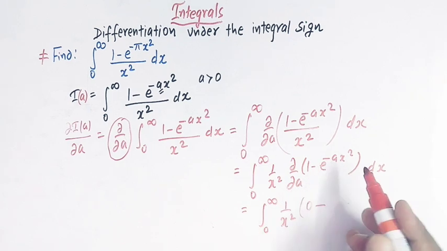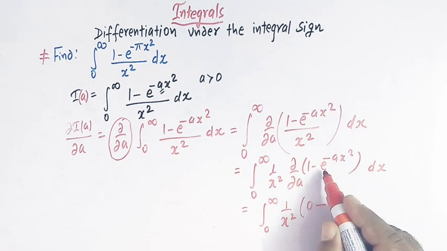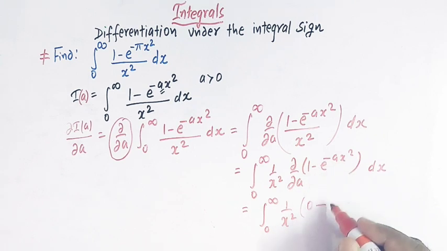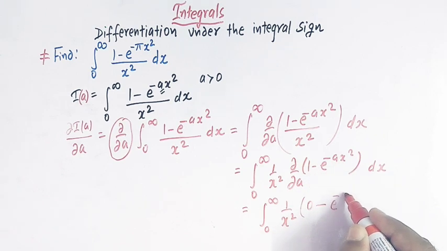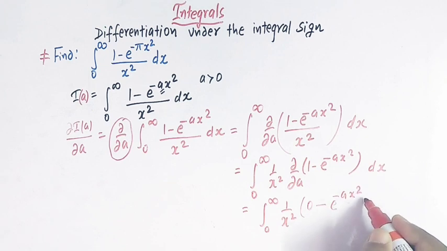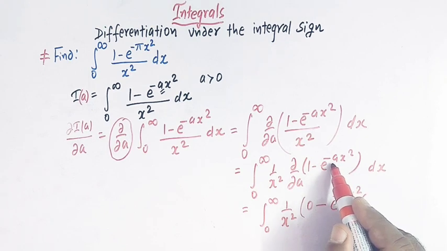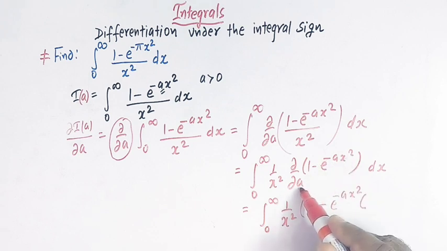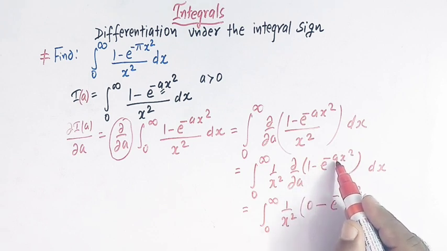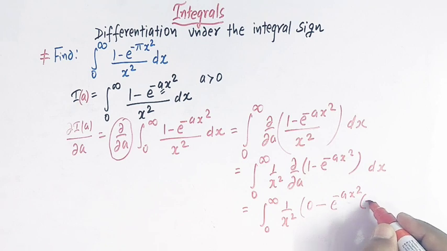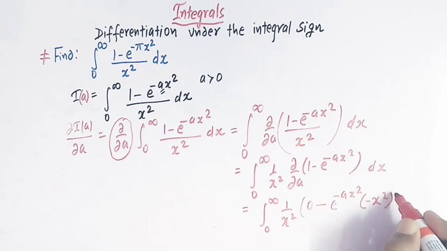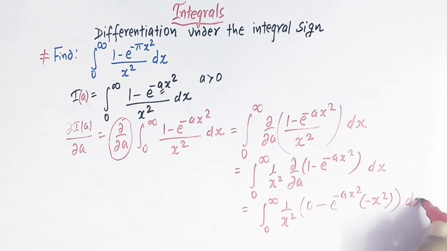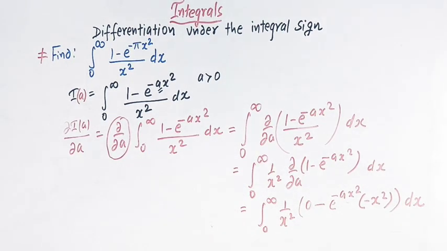The derivative of e raised to minus ax square is e raised to minus ax square, and then by chain rule we differentiate minus ax square with respect to a. The derivative of a is 1, so we have simply x square here, and then dx.